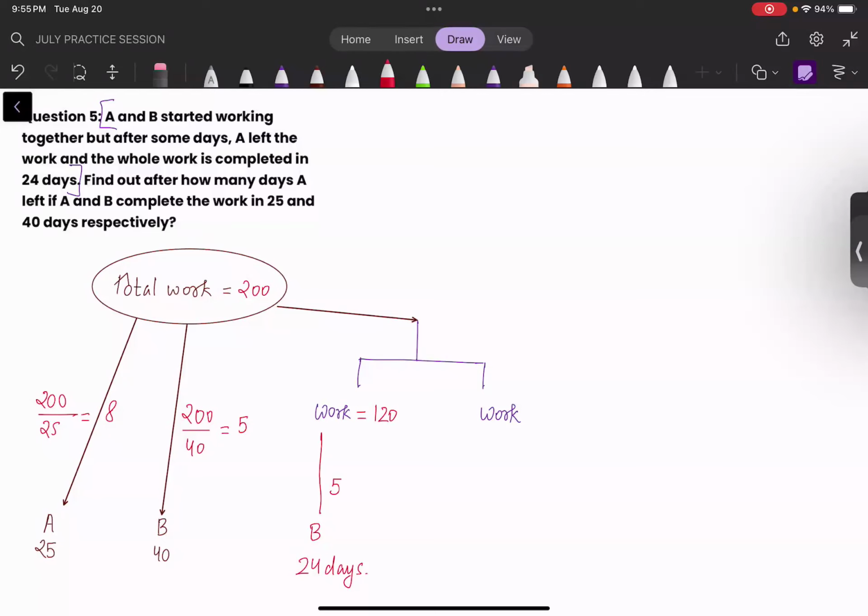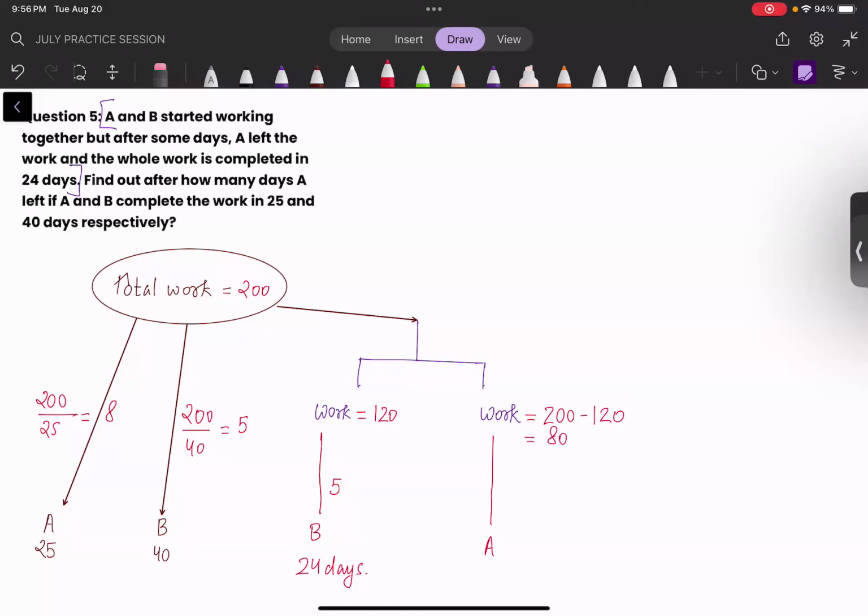If 120 is done by B, the remaining should be done by A, yes or not? And how much is the remaining part? 80. Okay, so 200 minus 120. That should be done by A, obviously.